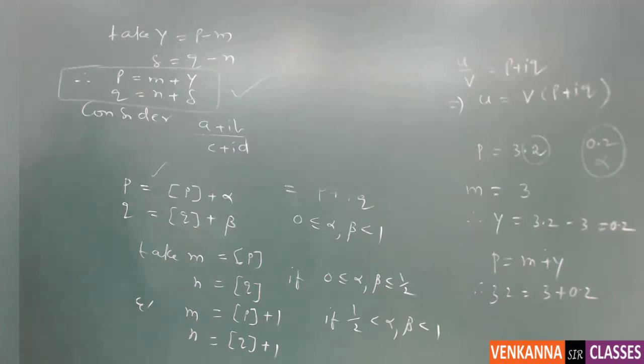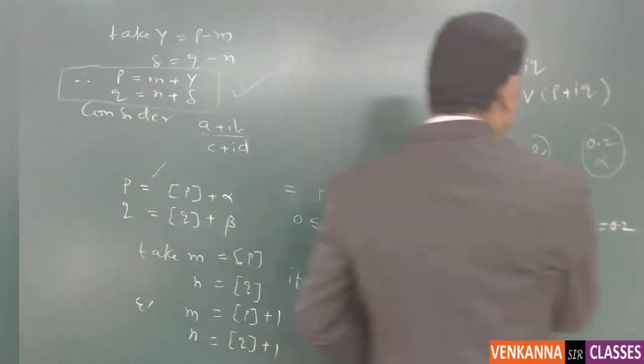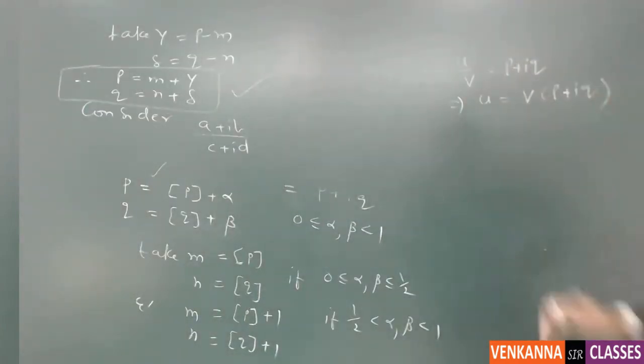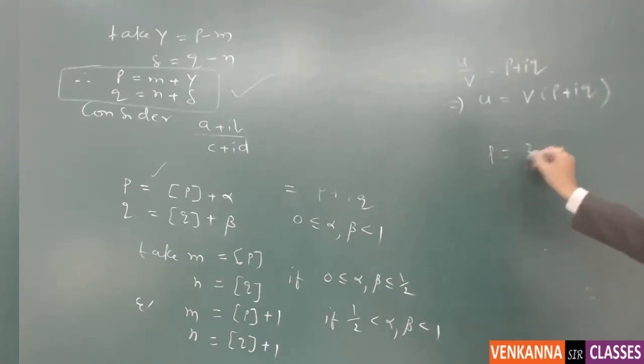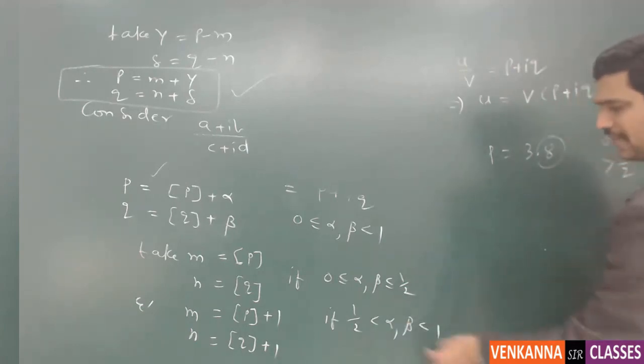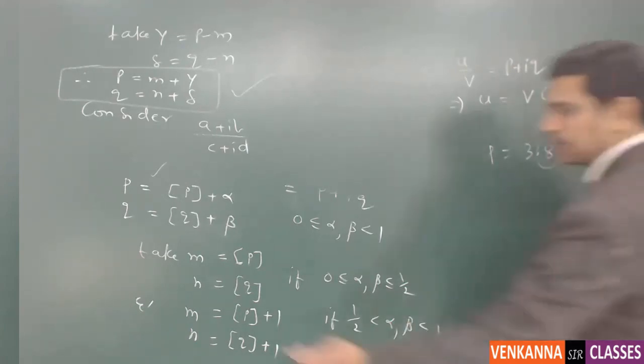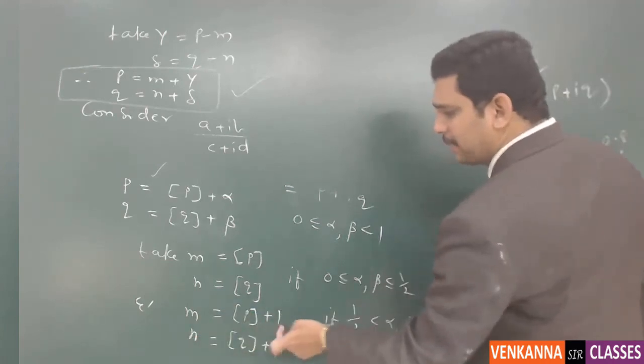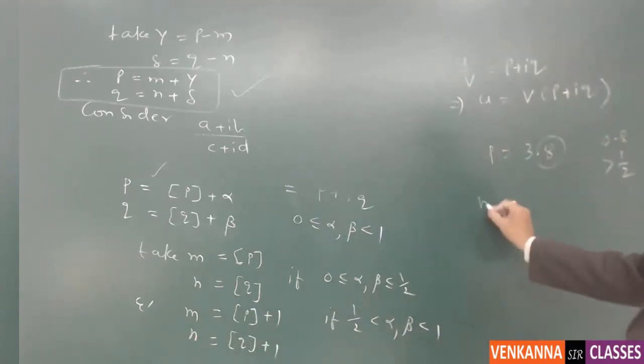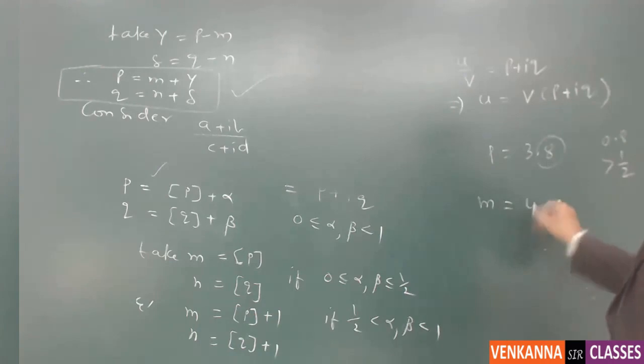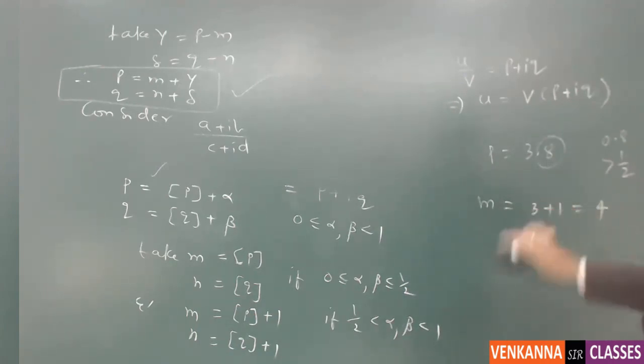Suppose we take another example, say p is equal to 3.8. Here the fractional part is 0.8, which is greater than half. So as per the fractional part condition, I should take m as integer part plus 1. Therefore, m is equal to 4, because 3 plus 1 is 4.